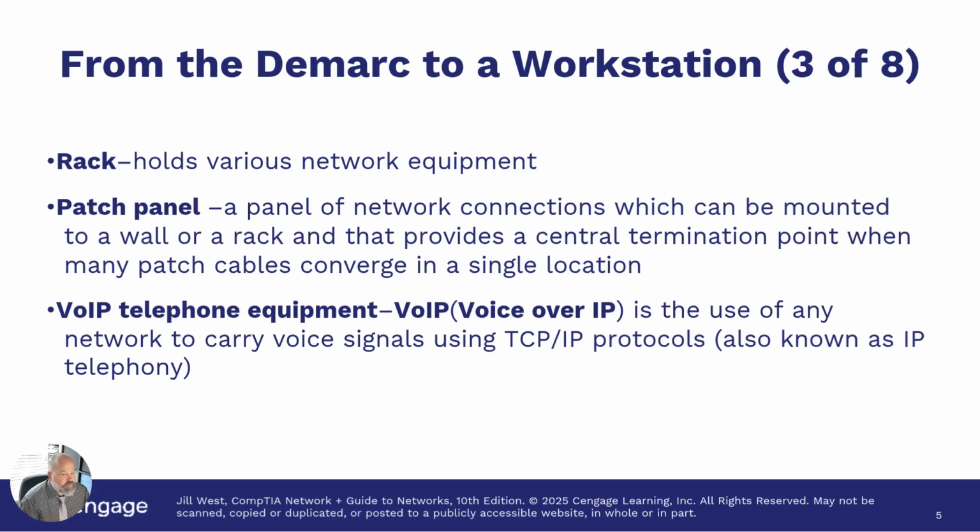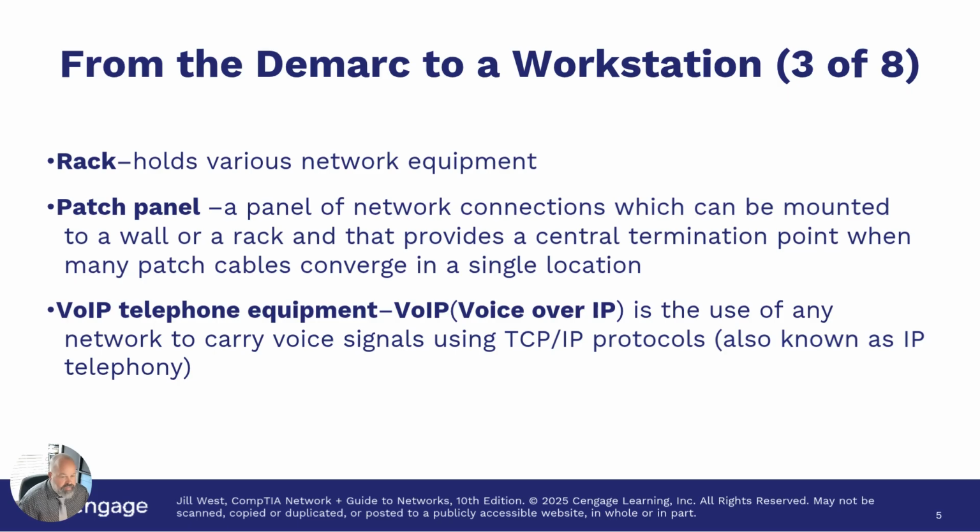More important pieces of the puzzle. We've got three more things here. We've got the rack. The rack is really like an expensive bookshelf, but instead of books, it holds all of your network equipment. Everything has a specific size, and it fits together like Lego blocks. Next, we have patch panel. This is like the ultimate junction box. It's where all your cables come together, basically to party.